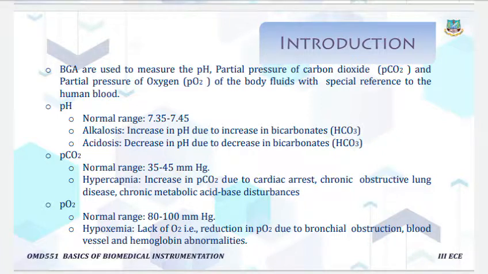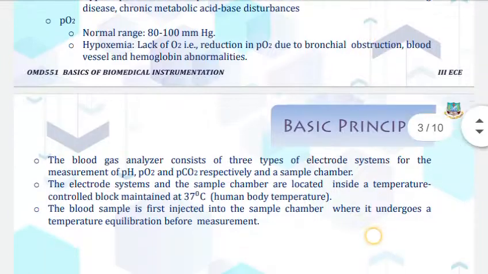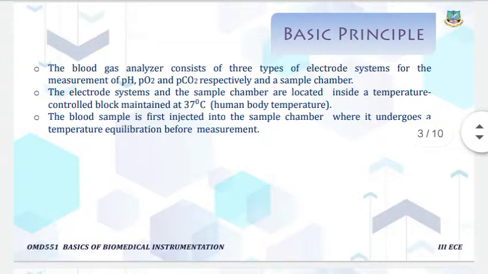So let's see one by one: pH, PCO2 and PO2. Before that, the basic principle. The blood gas analyzer consists of three types of electrode system for the measurement of pH, PO2, and PCO2.